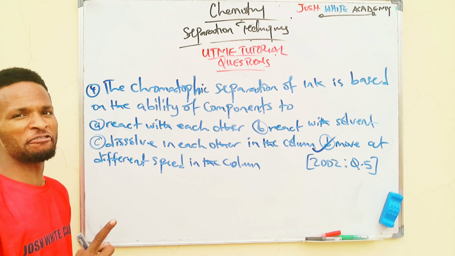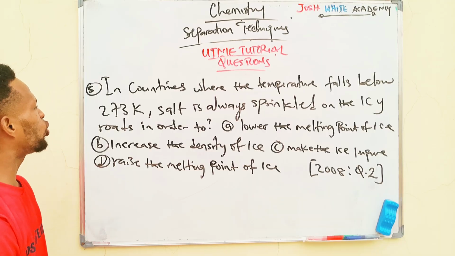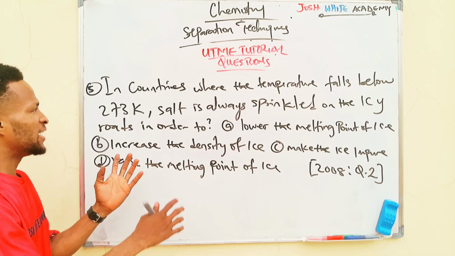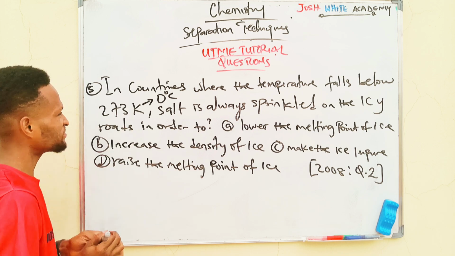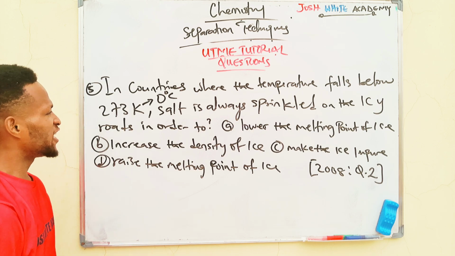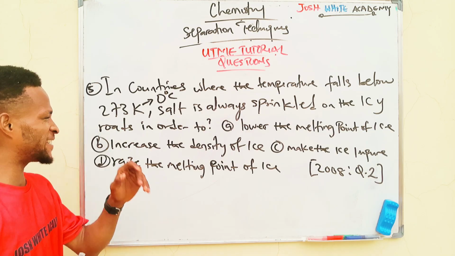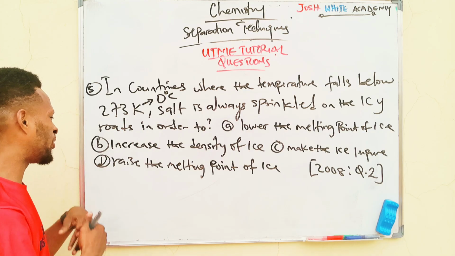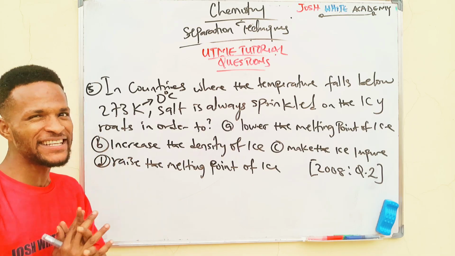Now let's take the final question. In countries where the temperature falls below 273 Kelvin, this is the same thing as 0 degrees Celsius, salt is always sprinkled on the icy roads in order to lower the melting point of ice, increase the density of ice, make the ice impure, or raise the melting point of ice. Remember, please do not forget this.